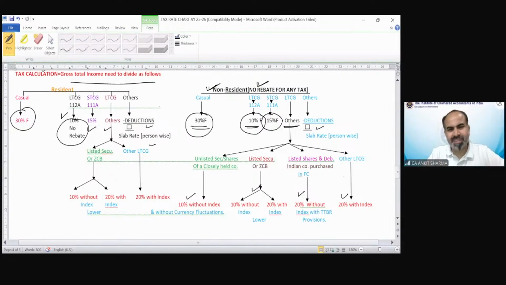For the purpose of examination, I believe the other long term would be only in the question. And there could be listed security or zero coupon bonds. These would not be there in my opinion, but if it is there, you have to remember the provisions. So now you can see these two notes, what we have discussed earlier has been explained to you.